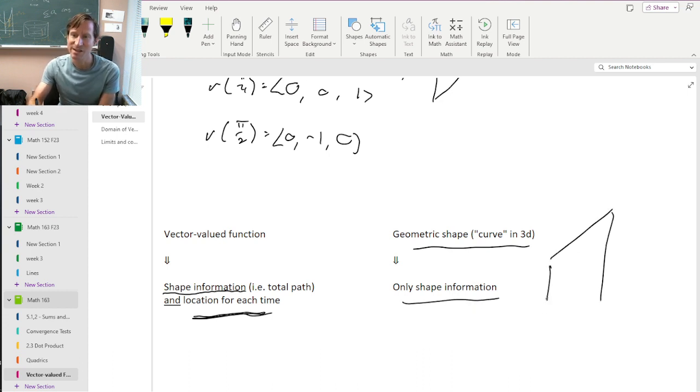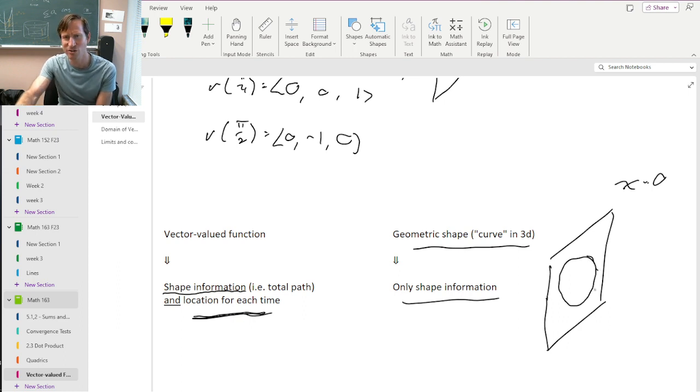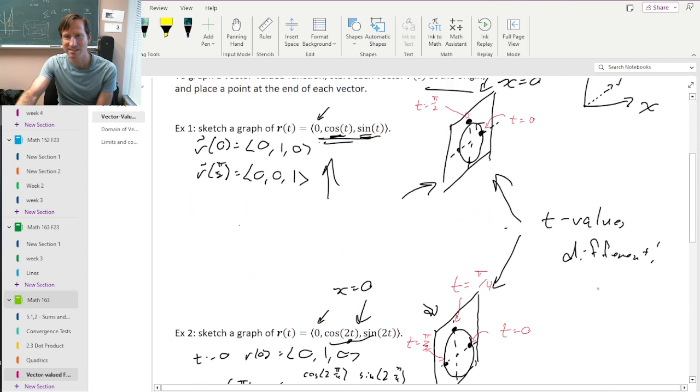So in this plane x equals 0, there's this unit circle. This unit circle on its own doesn't have t values labeling each point along the circle. Whereas these two graphs of our vector valued functions do label each point with a t value. In fact, several t values, since sine and cosine are both periodic.